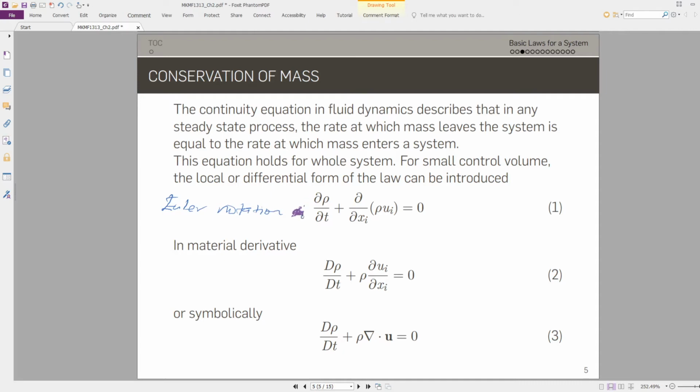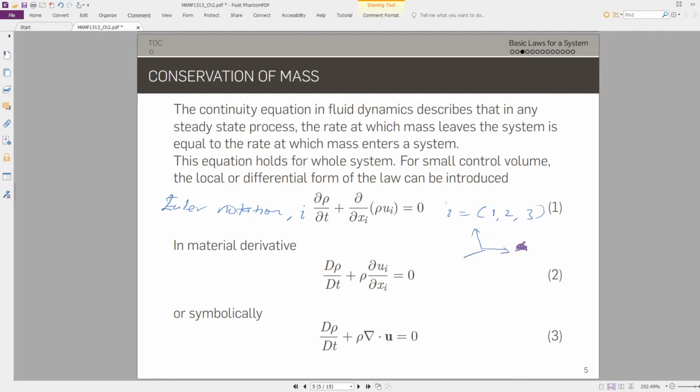The i in these equations is actually just the index 1, 2, and 3, which actually refers to the axes x, y, and z.